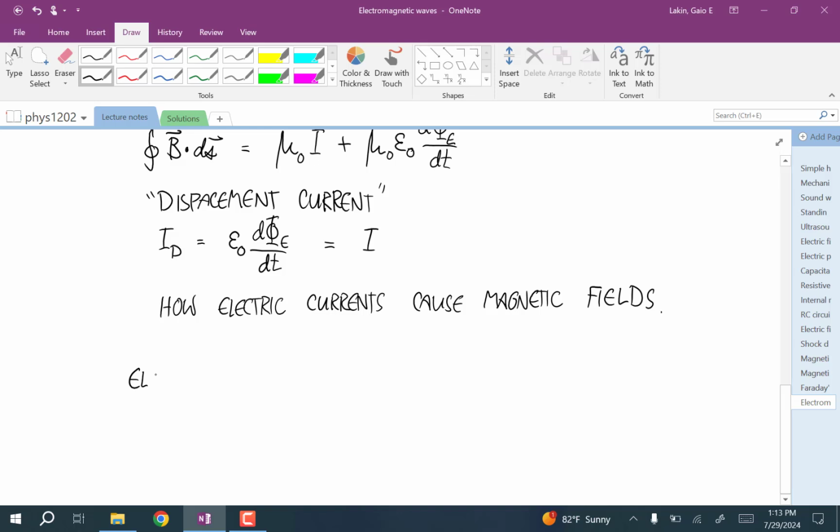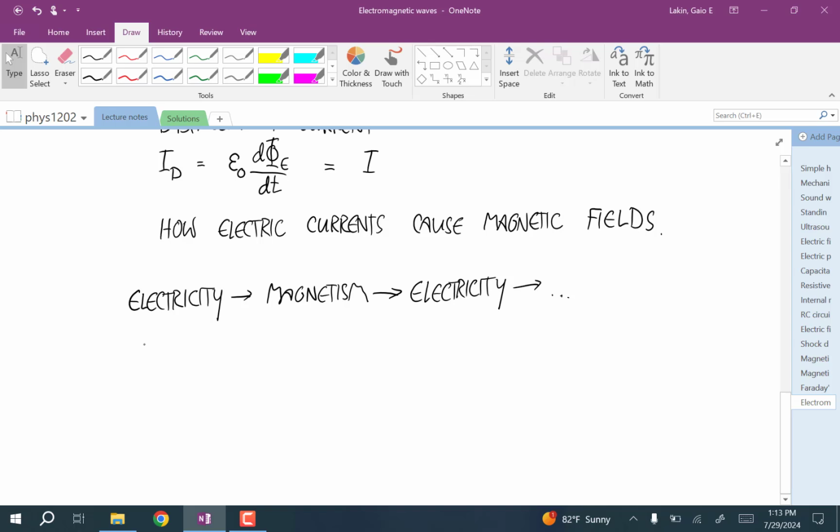So if you have electricity producing magnetism and magnetism producing electricity, that's an electromagnetic wave.